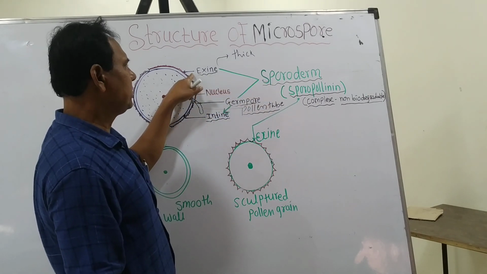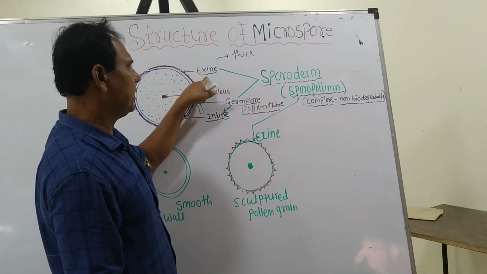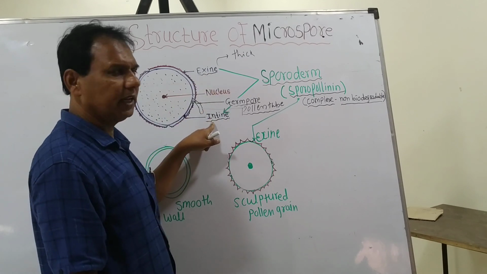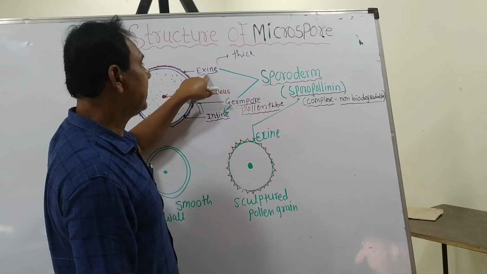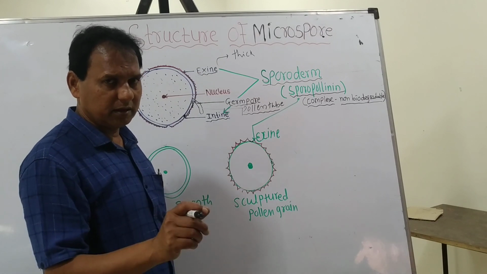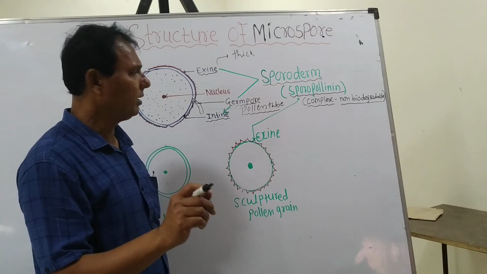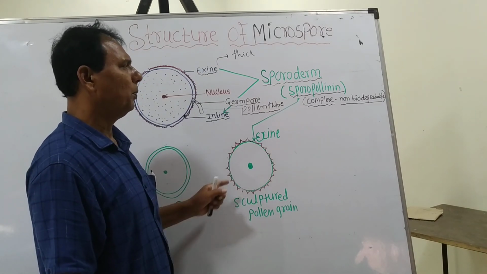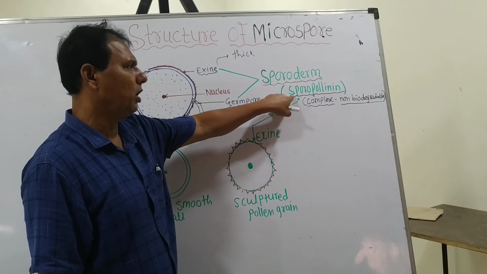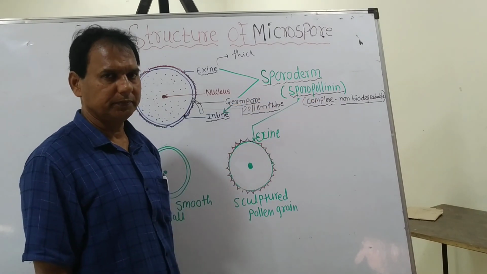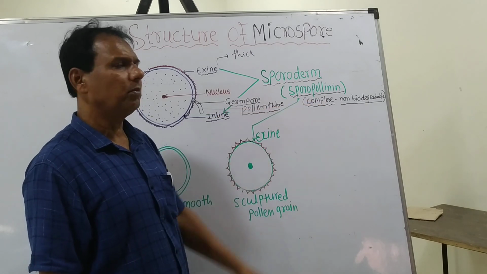The names of those layers: first is called exine, another is called intine. Exine is thick and it is made up of a complex substance called sporopollenin. Sporopollenin is non-biodegradable.